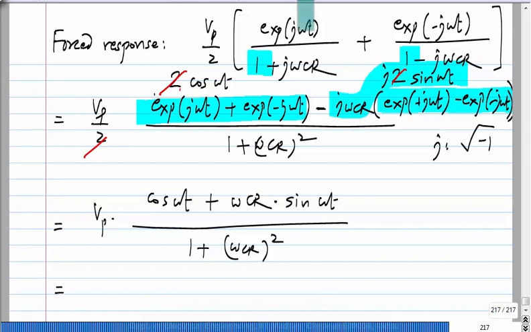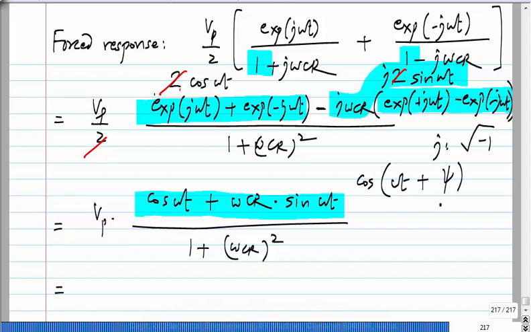Okay, you get some combination of cos and sin as you had expected. And if you write this as a single sinusoid with some phase, they are sinusoids at the same frequency, right? So, this can be written as cos of omega t plus some phase psi. What would that be? And also the amplitude will be different. Okay. So, please write it like that.